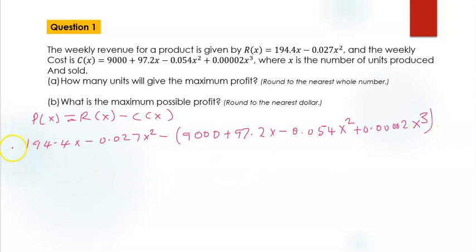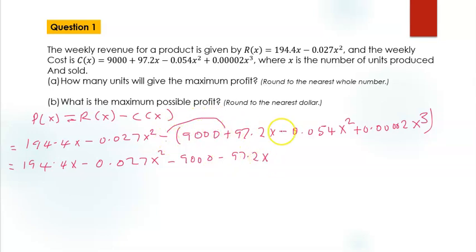So we work out the parentheses and distribute the negative. This would be 194.4x minus 0.027x squared minus 9,000. Then notice here we have a negative and a positive, that is minus 97.2x.